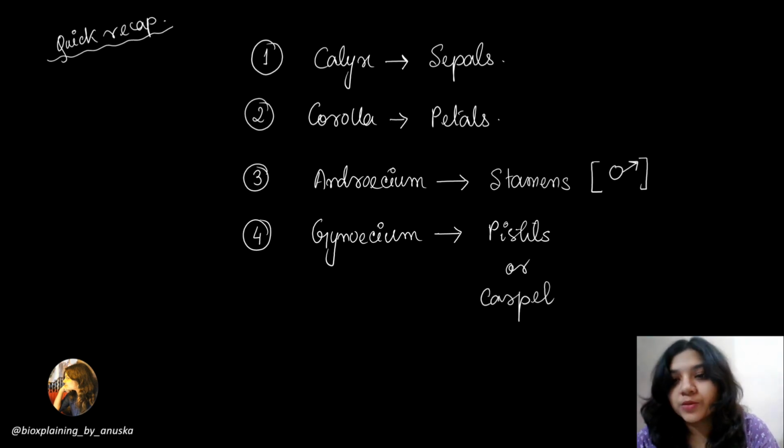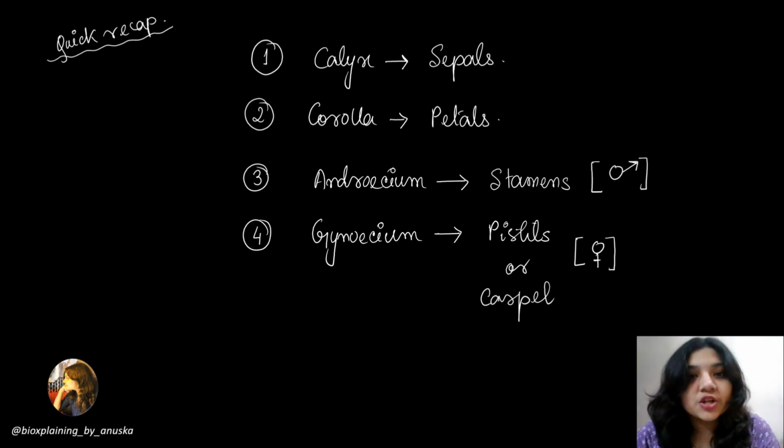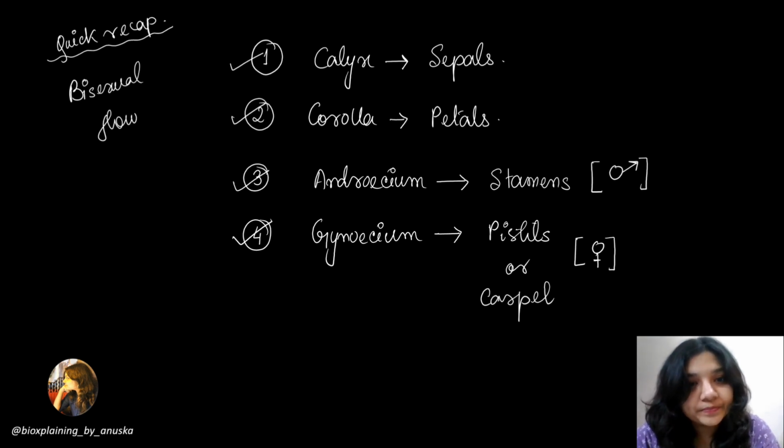We can call it the carpel, and this is the female part of a flower. So the calyx, corolla, androecium, gynoecium, all the four whorls make up what we call a bisexual flower.